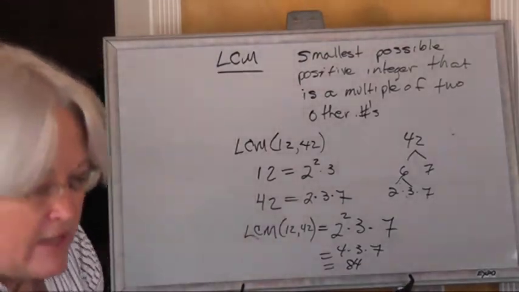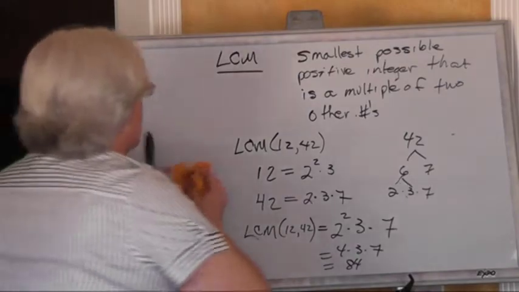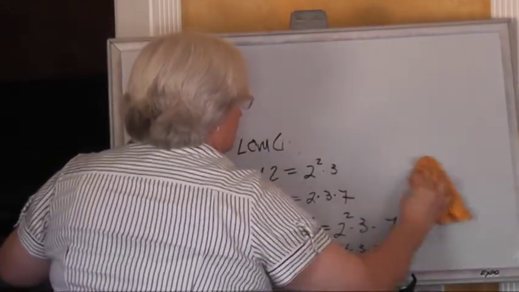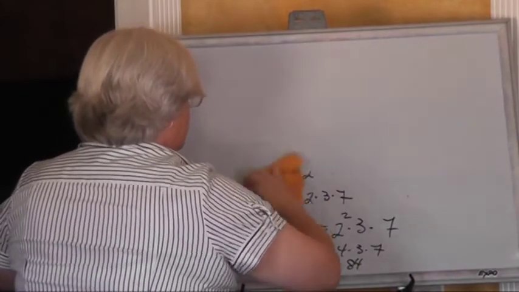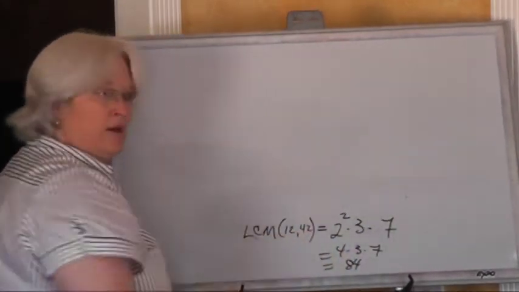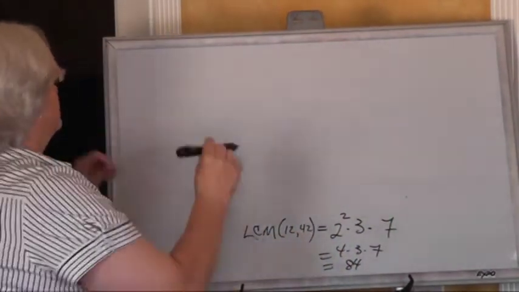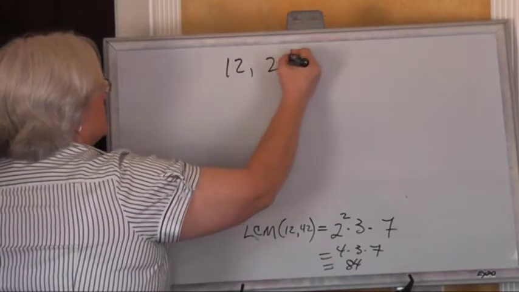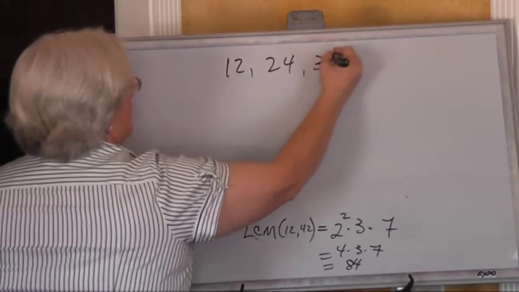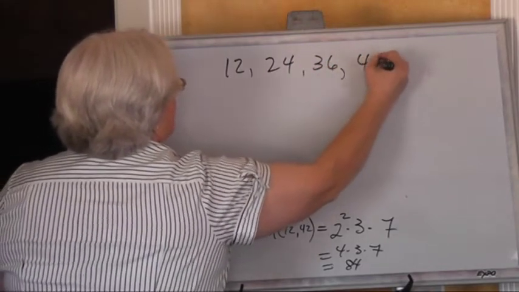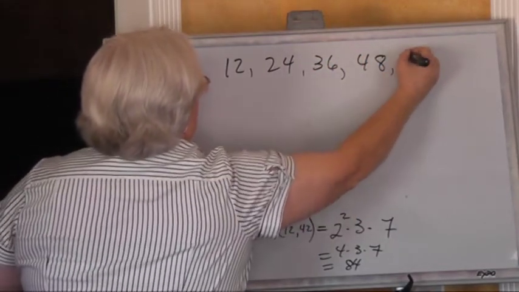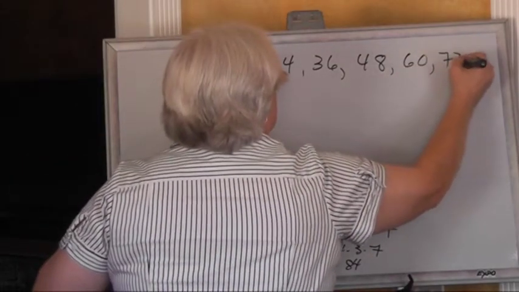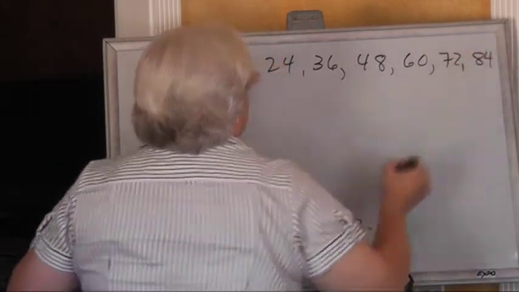Let's take just a second to physically write out some multiples here. We have 12 and 42. 12 times 1 is 12. 12 times 2 is 24. 12 times 3, 36. 48. 60. 72. And then 84.